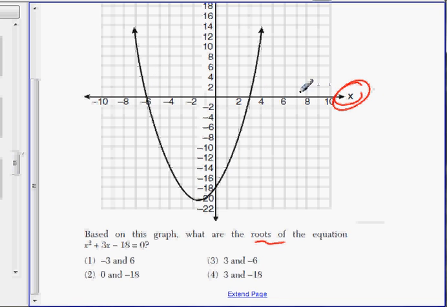The two points it crosses are this point and this point. So when x is -6, and when x is 3, that is when y equals 0, or the equation is equal to 0. So just look for the choices: -6 and 3, that is choice 3, and those are your roots.